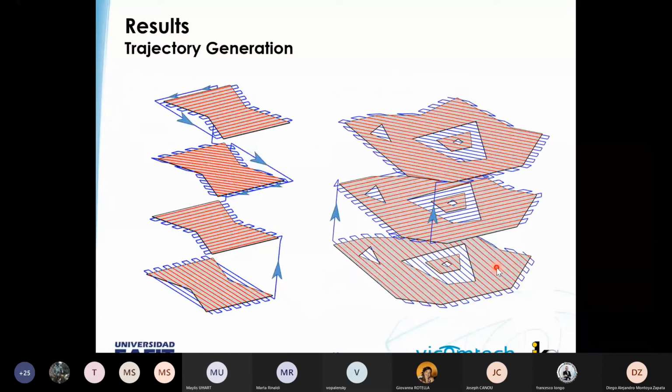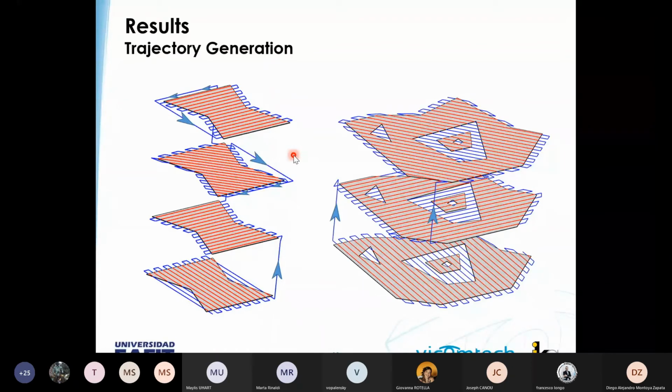Here we have some full trajectories that are generated with our software, with our implementation. We can see in the image on the left 2 particular things. The first thing is that each layer may have a different infill direction. You can see here that the direction of the lines is changing along each layer.